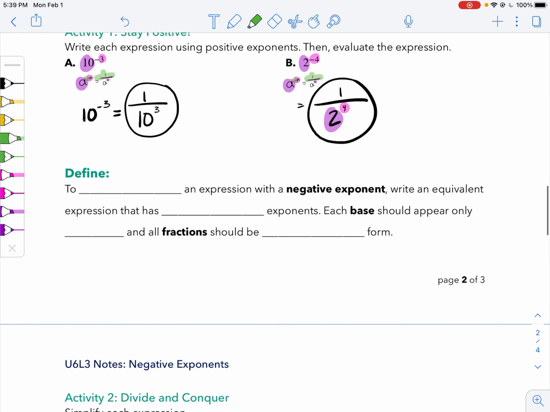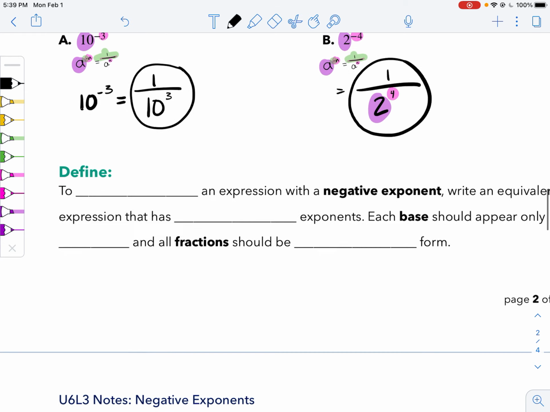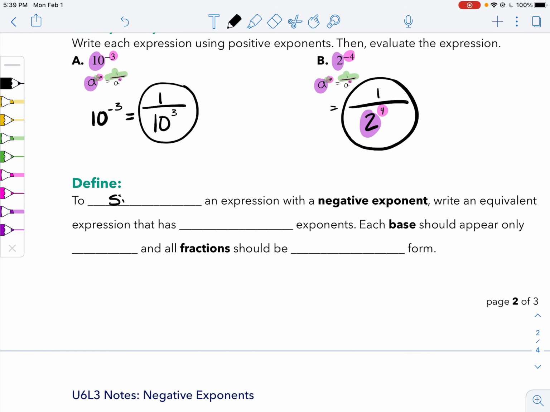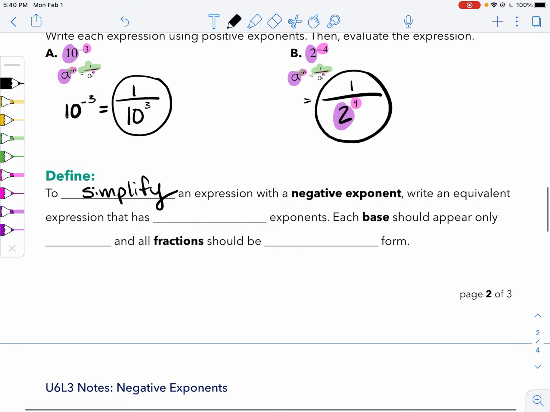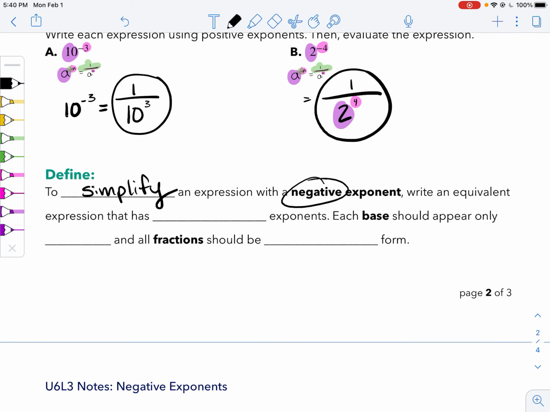Okay? Awesome. Now, we're going to take all the rules we know about exponents and put them together to simplify expressions. When you simplify an expression, you can't have a negative exponent. You need to have only positive exponents. So to simplify an expression with a negative exponent, you need to write an equivalent expression with only positive exponents.